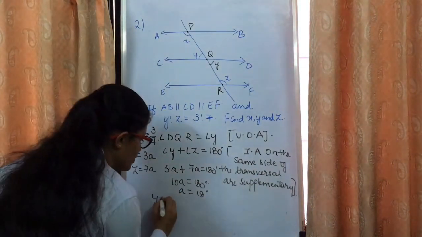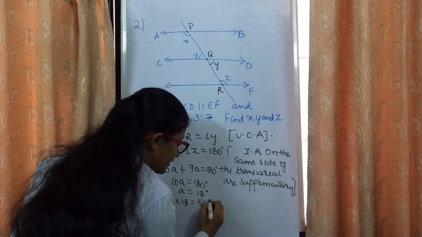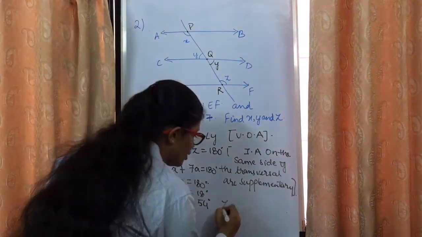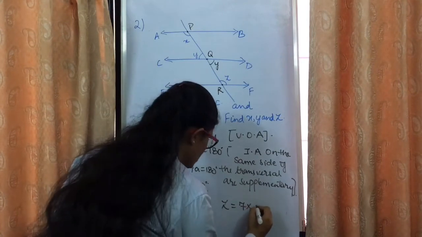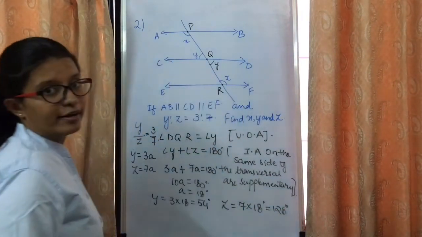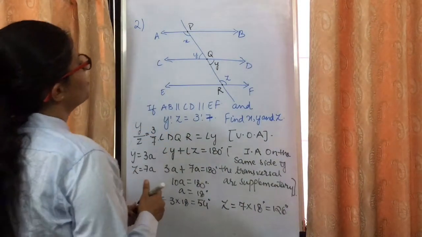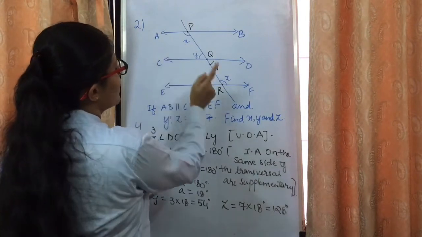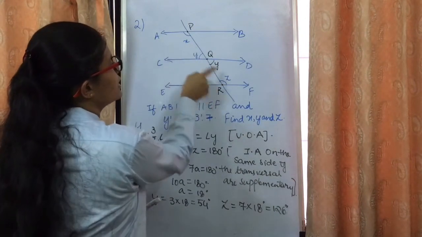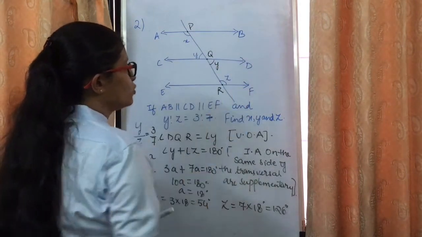So y is 3a. 3 into 18 will give you 54 degrees. Similarly for z you can take it out. 7 into 18 will give you 126 degrees. So y you got, now x. Can I say x and y are alternate interior angles? And we know that AB is parallel to EF.